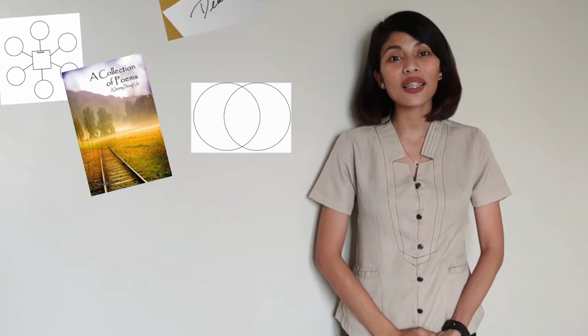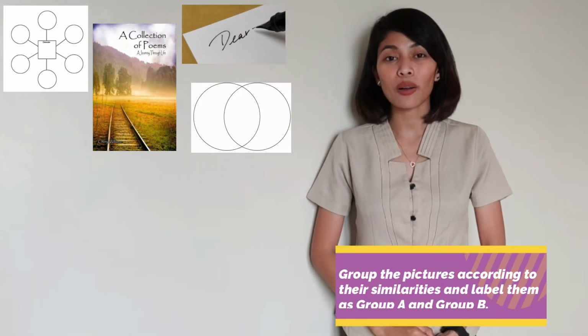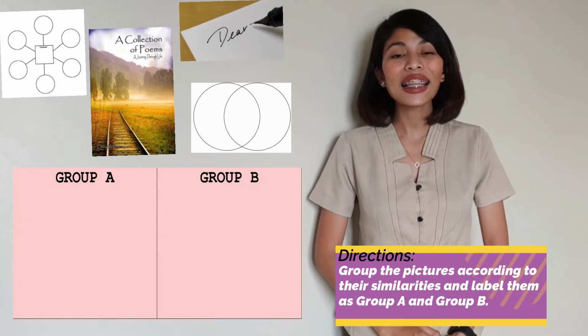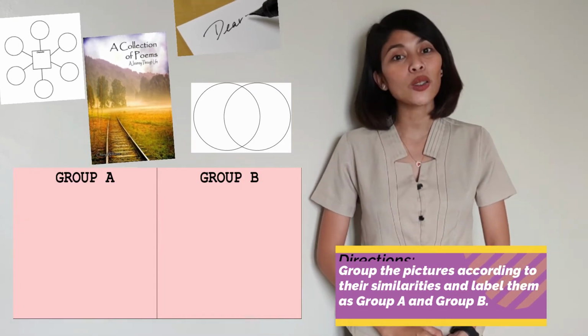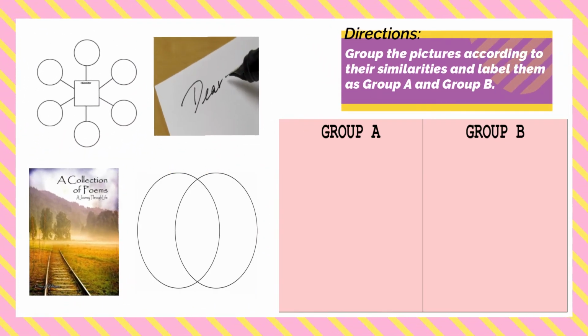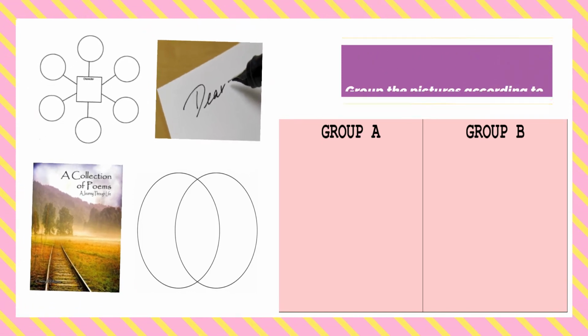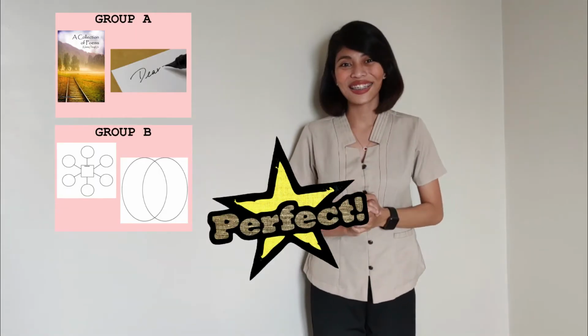Before we start with our discussion, I want you to take a look at these images. I want you to group them according to their similarities and label them as Group A and Group B. Perfect!